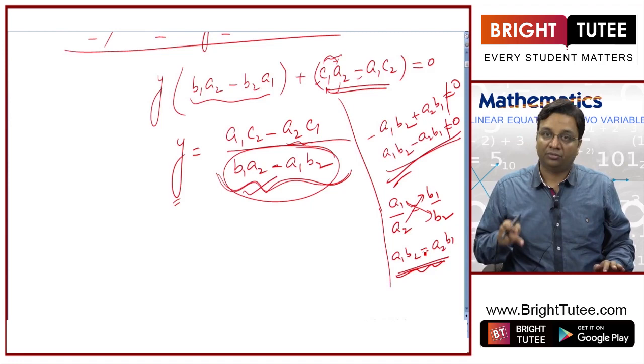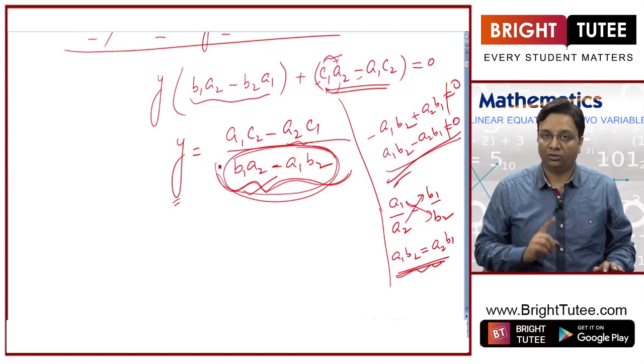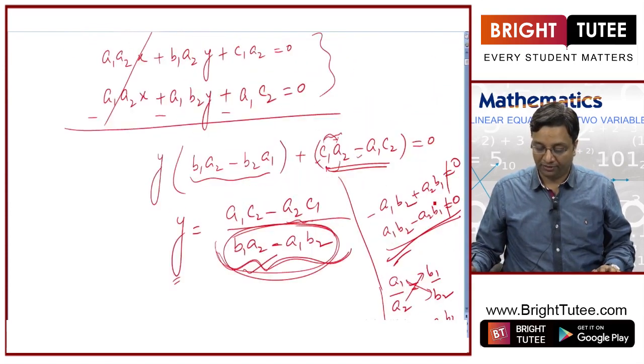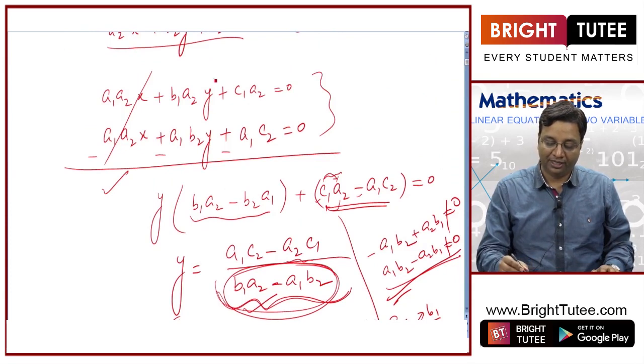So, by the cross multiplication method I am looking for a unique solution only. So, this denominator should be non-zero, hence this should not be equal to this. Now, similarly I can get the value of x by eliminating y from these equations.